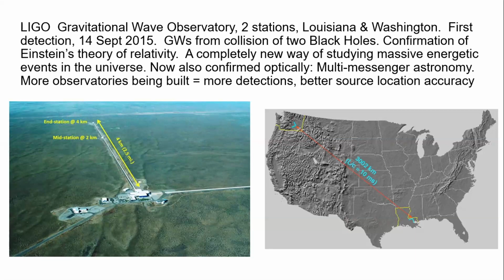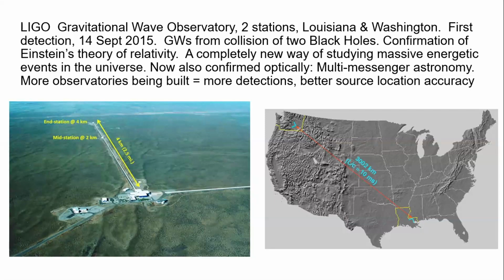There are two messengers. One is the electromagnetic messenger from the object, which would be, say, something like a supernova explosion or a hypernova. And the other messenger is the gravitational wave disturbance. And again, this is just the start of what's going to be available from that. So more gravitational wave observatories are being built.